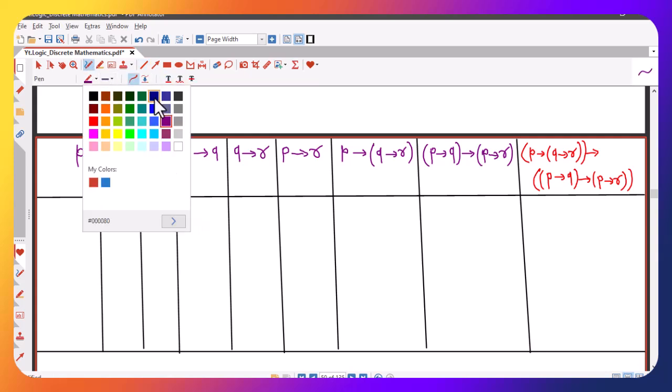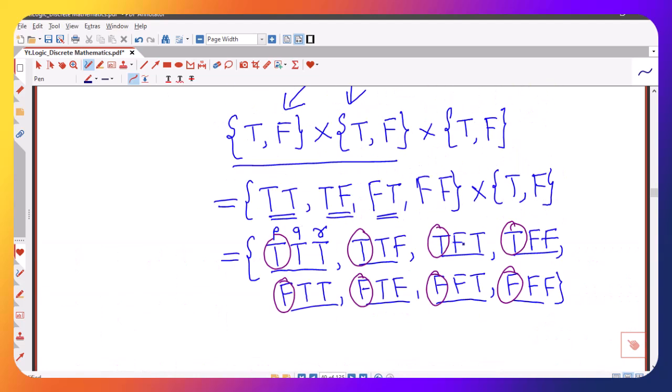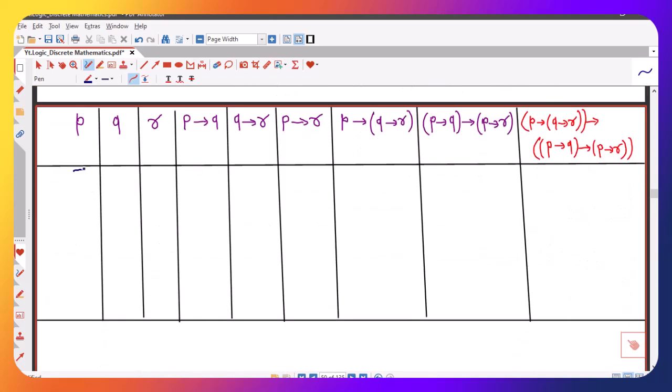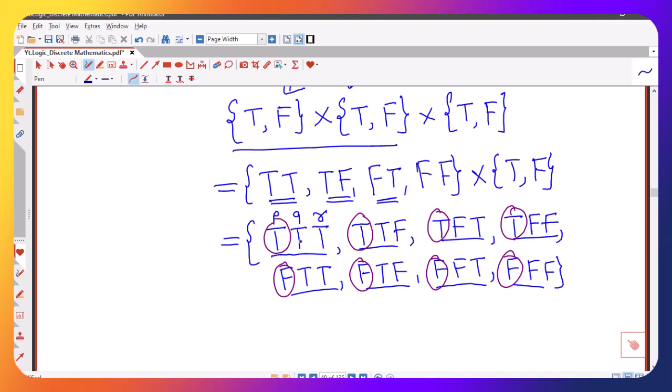So first I write for P, as we have seen here, the first 4 values are T and the last 4 values are F. So I write for P here T, T, T, T, and then F, F, F, F, 4 times T and 4 times F. Similarly for Q we can observe the second component.